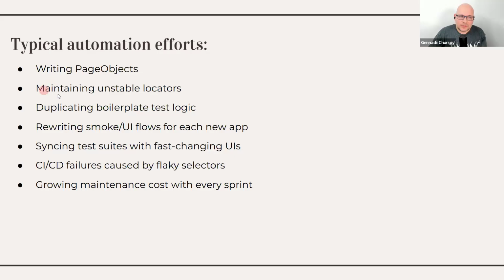The second stage is to maintain stable locators, and page objects actually help us, because if we defined our locators in one place in a page object, even if it's unstable and we need to fix that, we're fixing it only in one place. So we are using those techniques. But even with all of the techniques, sometimes we have duplicated code and we are doing a lot of refactoring.